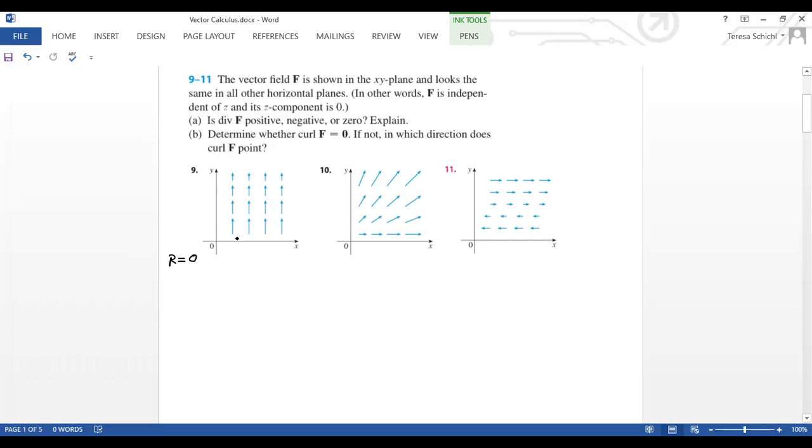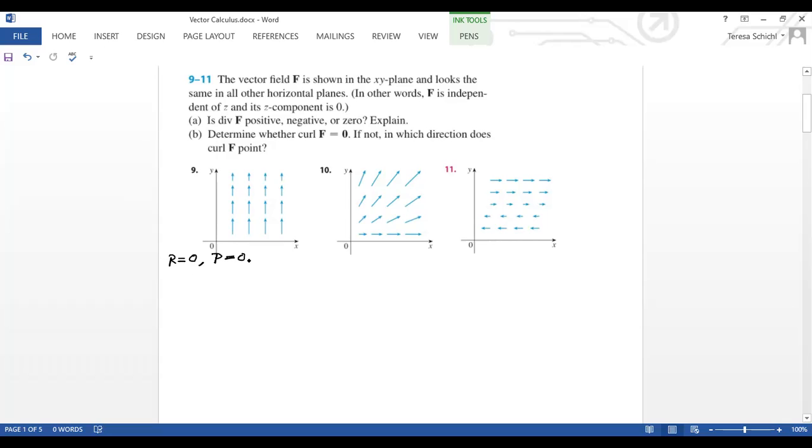And because this vector field all goes up in the y direction, I know my P(x, y, z) is also equal to 0, correct? Okay, and then I know the partial of P with respect to x is 0.